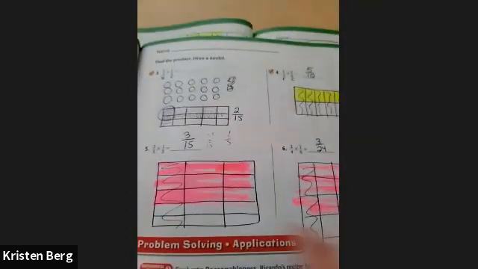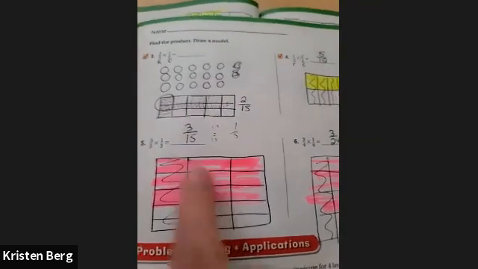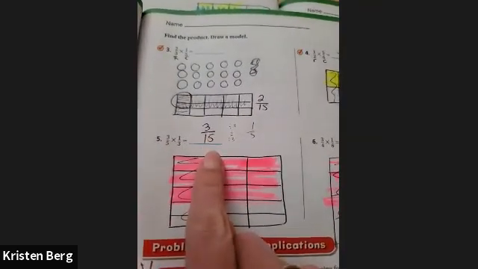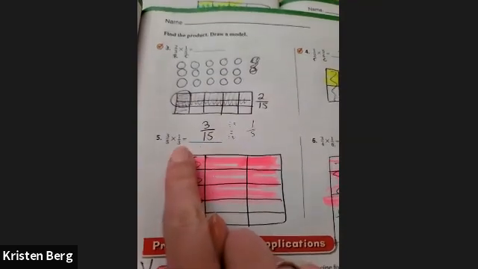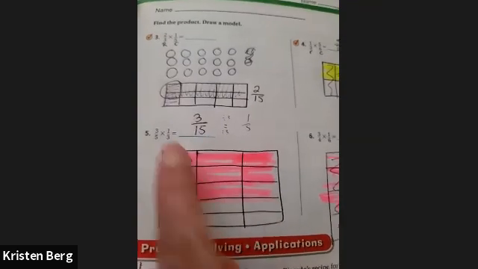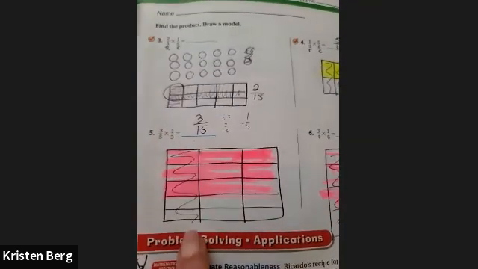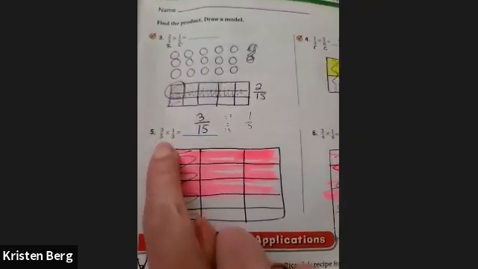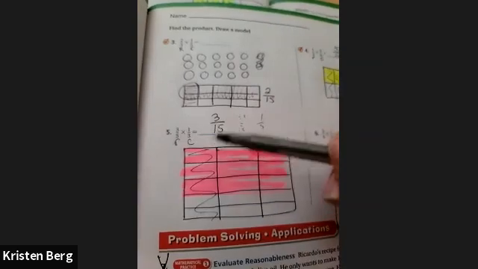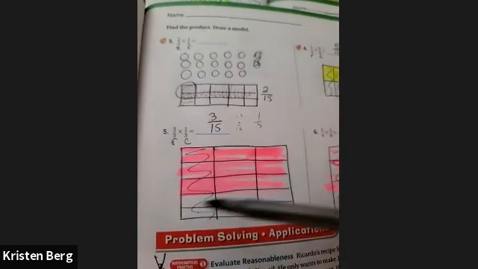Okay, if you did 5 and 6 on your own, your answer would have been 3/15 for this one. Now again, you would have done 3 columns, which I have right here, and only one of them is shaded. And then of the rows, you would have had 5 rows, 1, 2, 3, 4, 5.